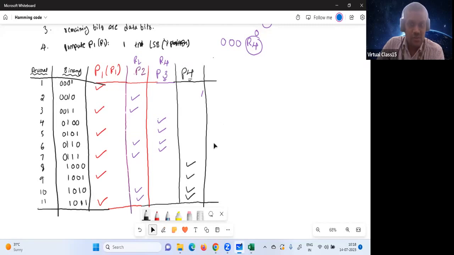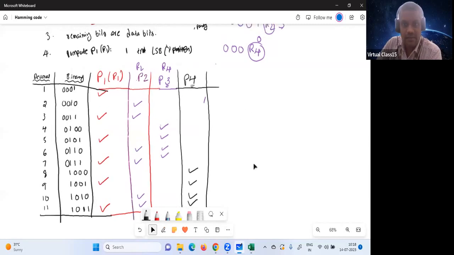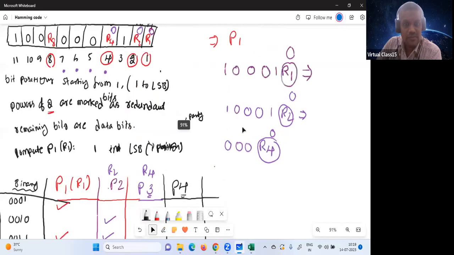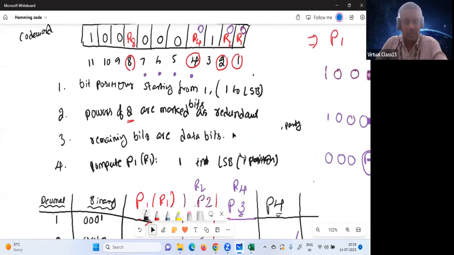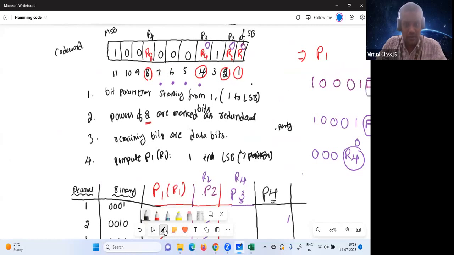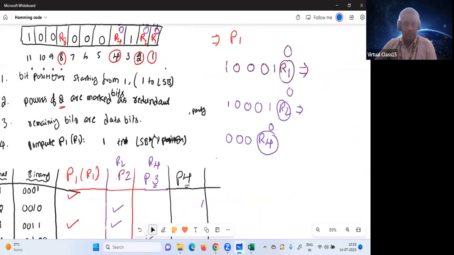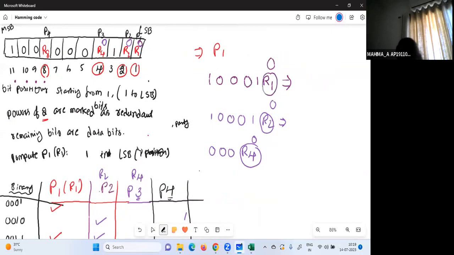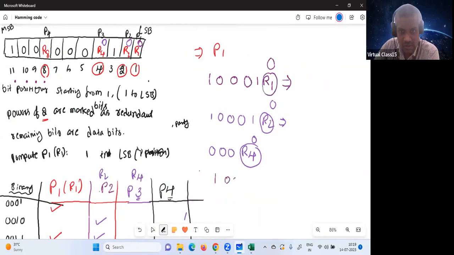Now based on this rule, I will mark 8, 9, 10, 11 in the original here. Using these bit positions, what is the string form? 1 0 0 R8, so 1 0 0 R8.